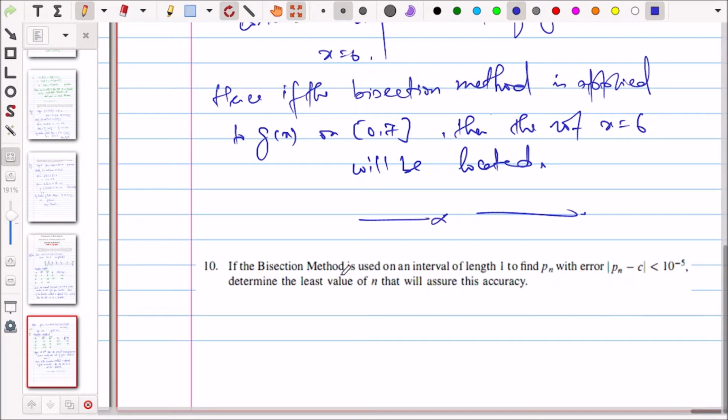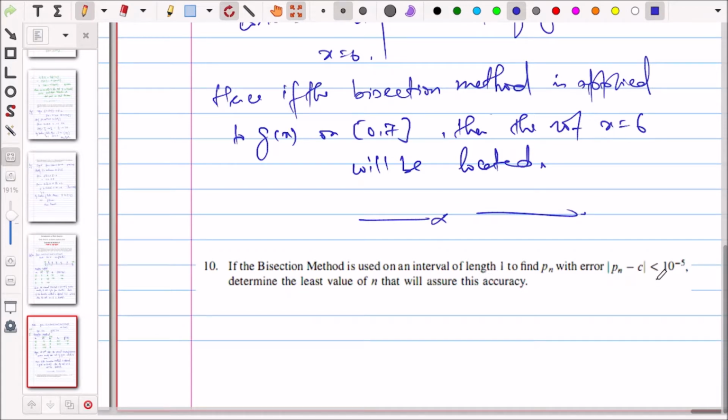Okay, so in question number 10 we are given that if the bisection method is used on an interval of length 1 to find Pn with error |Pn - c| less than 10 to the power minus 5, determine the least value of n that will ensure this accuracy.